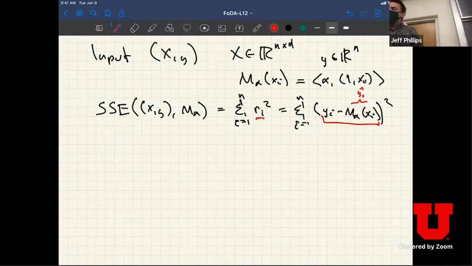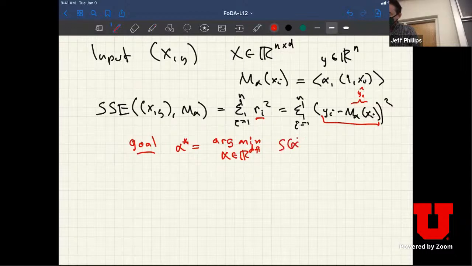And so this is our goal, to find the alpha that is minimizing the sum of the squared errors, right? So let's call this alpha star, which is going to be the arg min over alpha in R^(d+1) of a function, say S(alpha), which is the sum of the squared errors of x, y, M alpha.